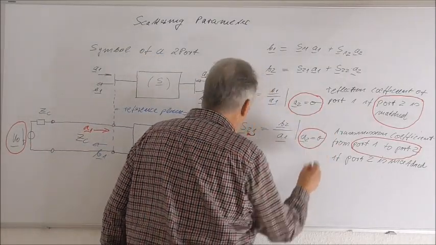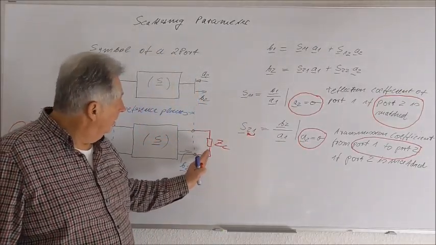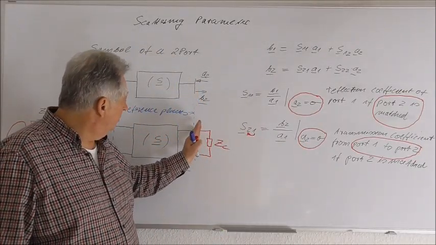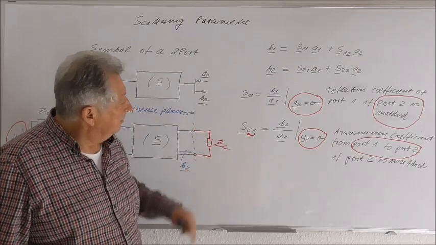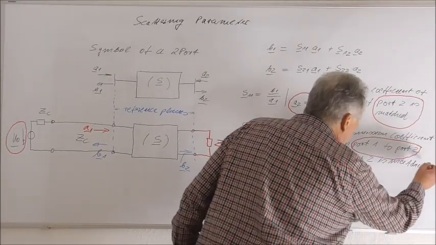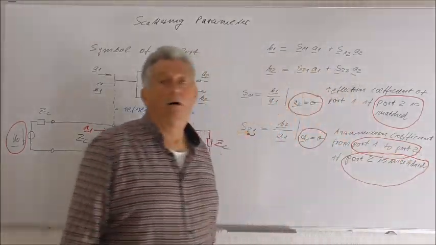So again here, this condition will alter the output. So you have to connect to the output the characteristic impedance of our transmission line, and this results in the matching of port 2.